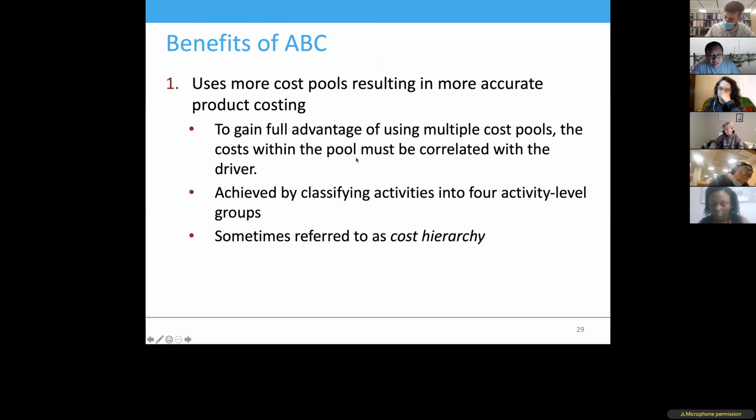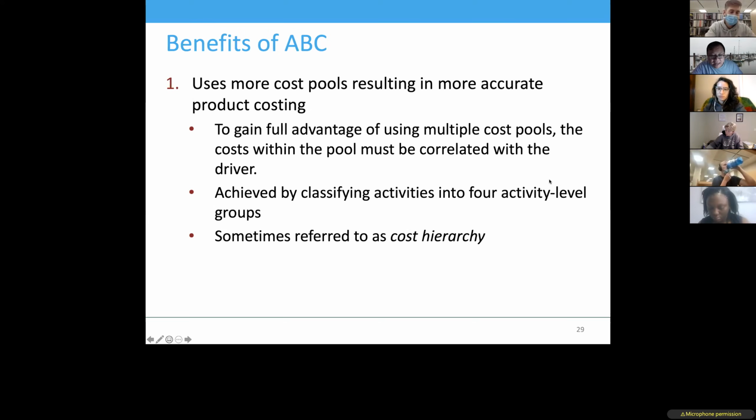And how do they make the decision in terms of the cost drivers? Basically, they classify the different activities into 4 activity levels, so then they can have a better product costing. They call this the activity level, or cost hierarchy.